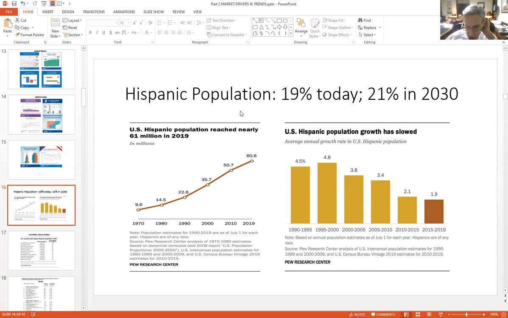So you can see that something's going on with immigration in this country, and that is that the Hispanic population is growing quite rapidly.